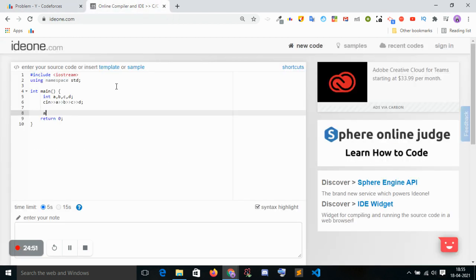So first of all, I do a modulus equal to 100, because I only need the last two digits. Then b modulus equal to 100, c modulus equal to 100, d modulus equal to 100. If the number is very big, it becomes very small.